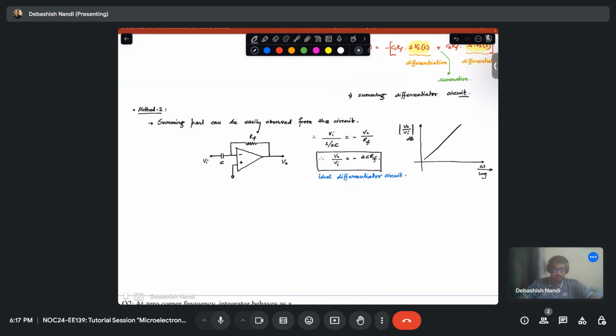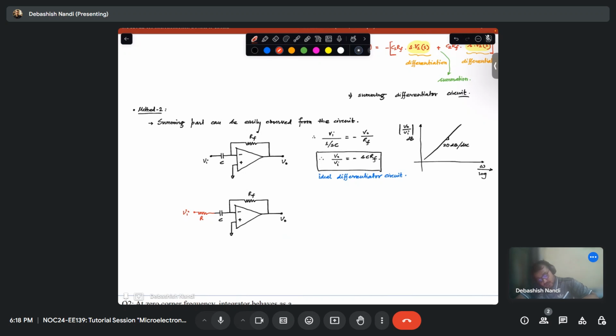Okay, fine. With a slope of 20 dB per decade. This slope. Now what will happen if, let's say, I just copy this circuit and instead of applying the input here, I add a resistance and apply Vin here.